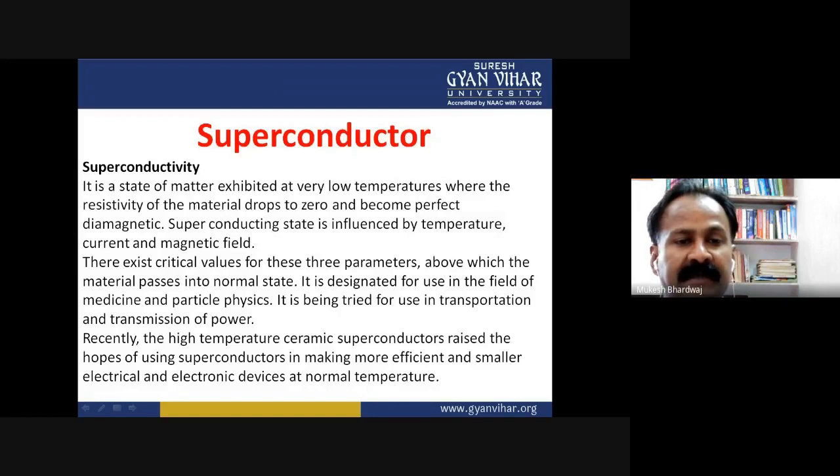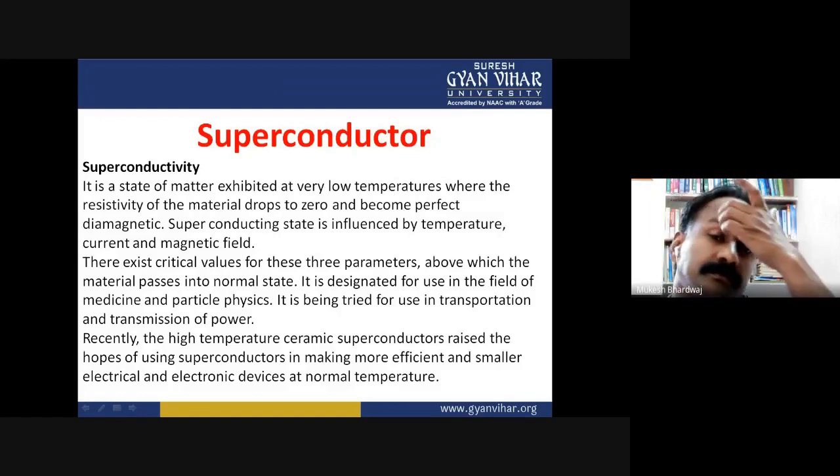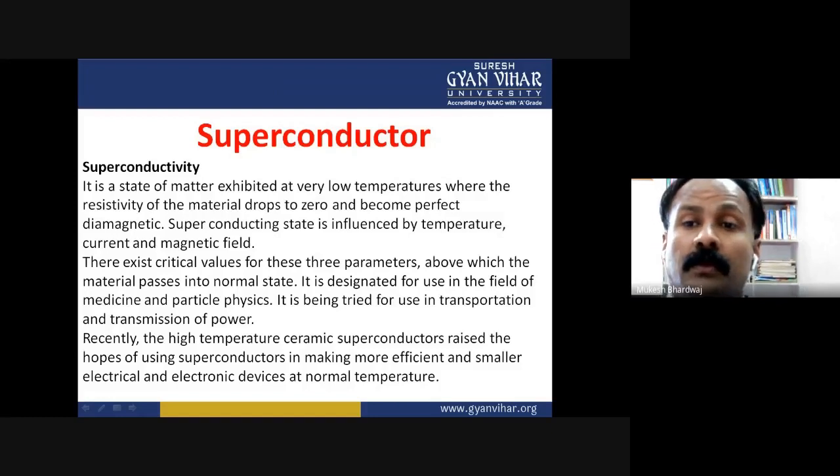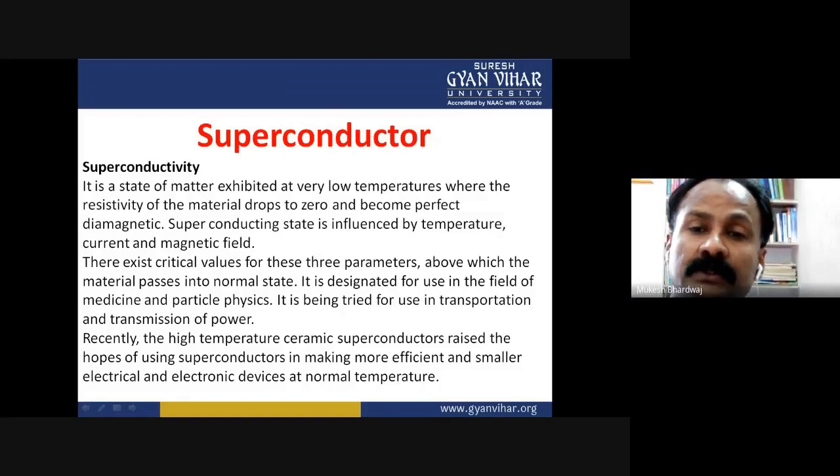Recently the high temperature ceramic superconductor raised the hopes of using superconductors in making more efficient and smaller electrical and electronic devices at normal temperature. The state of material in which it has zero resistivity is called superconductivity.